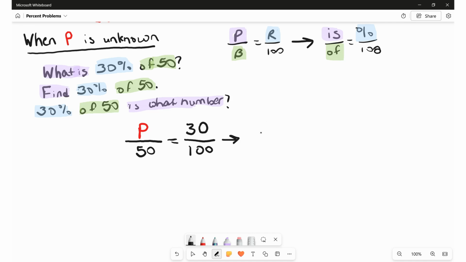And regardless of which form this is being presented in, we still get the same thing.